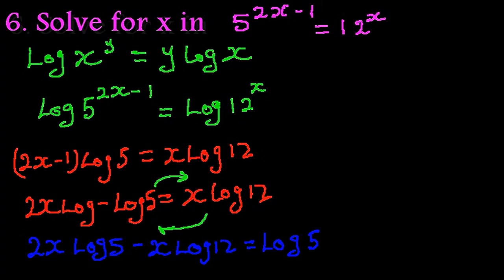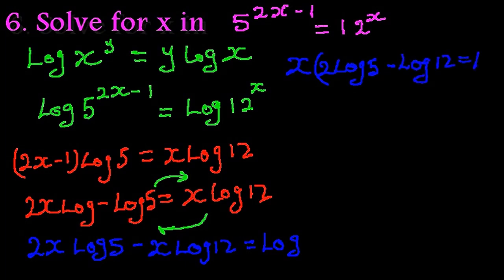From there, we factor out x. So we have x into bracket. Here we will be left with 2 log 5, minus, here we will be left with log 12, is equal to log 5. So we can now divide both sides by 2 log 5 minus log 12.